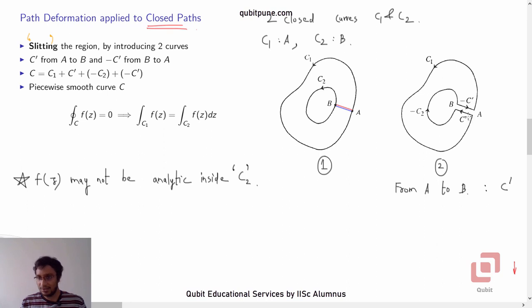It has a sense of traversal from A to B, and then again we are going to define another curve from B to A. And this will then become negative of C prime due to the change in the direction. Endpoints are the same. And if we come back to figure 1, the curve from B to A is in the red color.